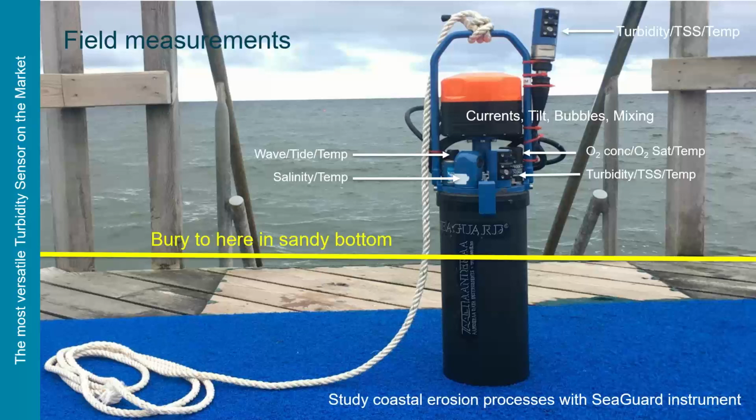It doesn't give the directional wave, but it gives us all the other wave parameters. Salinity is useful to look at input from nearby rivers and how that mixes in, and if it's river water that transports in particles, for example. Then we have the oxygen, which gives us biological information.